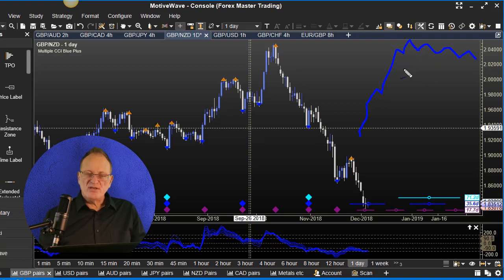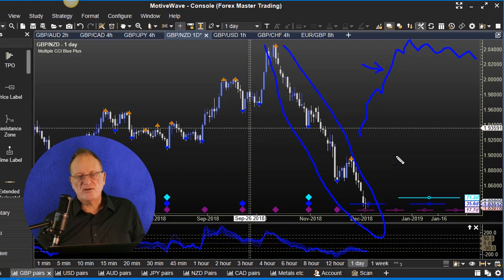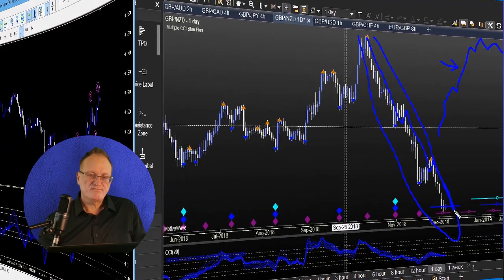So the first thing is that during the impulsive price action, an interesting thing happens. This is an actual trend of the pound versus the kiwi on the daily time frame, and this is a very good example of strong impulsive price action.